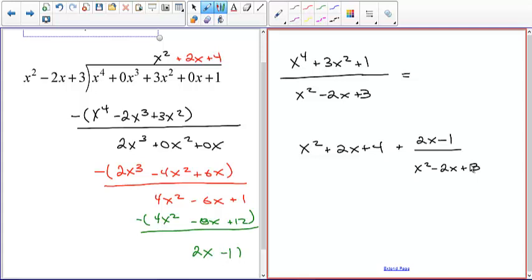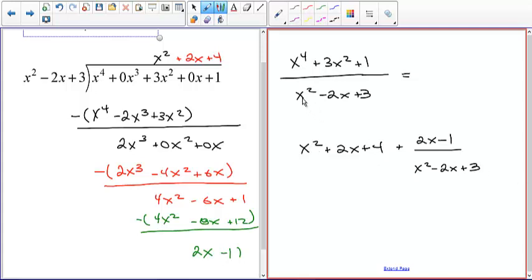Now, one thing you'll notice, anytime you do this polynomial division, the highest order term in the numerator is at least as big as the highest order exponent in the denominator. This will be x to the 4th divided by x squared.